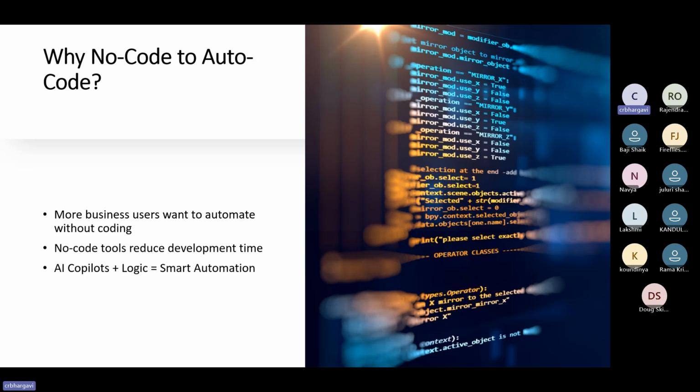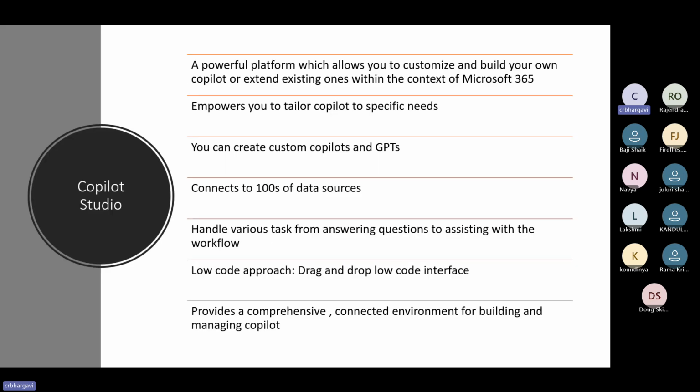This would be more useful for people who are more logic-oriented than coding-oriented. When you want to build the solution as a whole and have smart automation done for you, then auto code would play a major role.